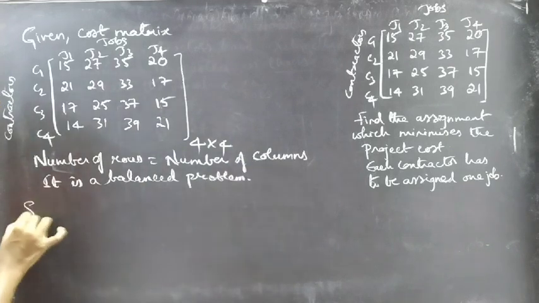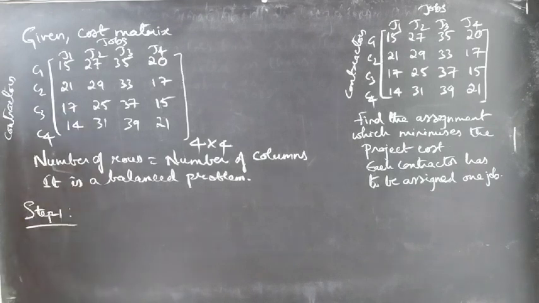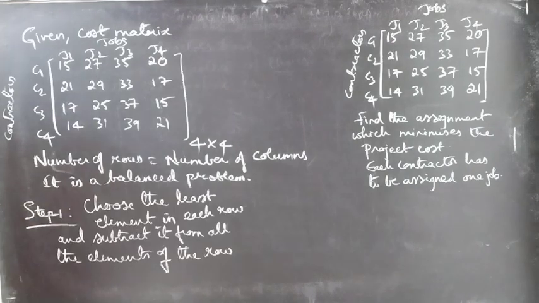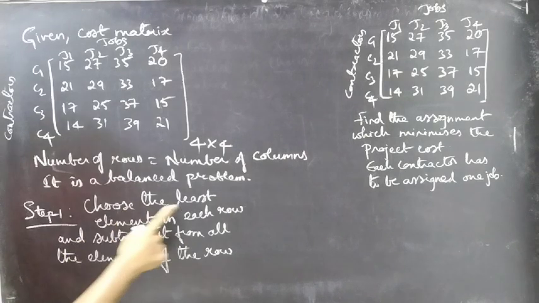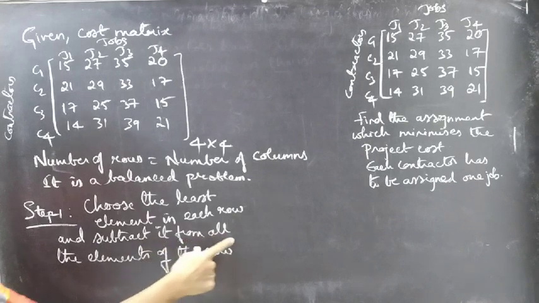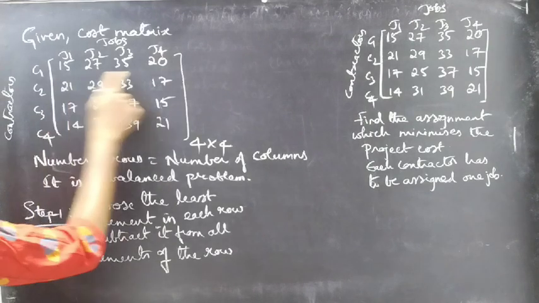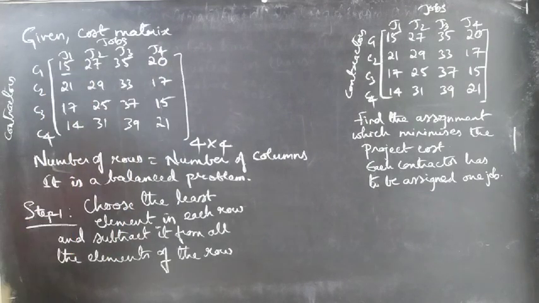Okay, step 1. Choose the least element in each row and subtract it from all the elements of the row. So let's choose the least element from each row. In the first row, 15 is the least element.